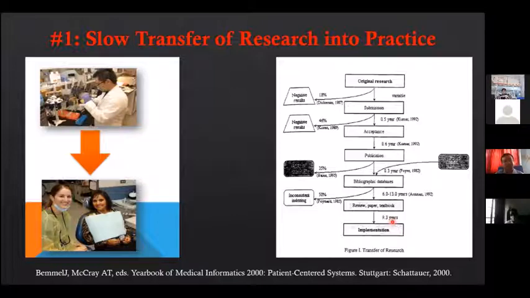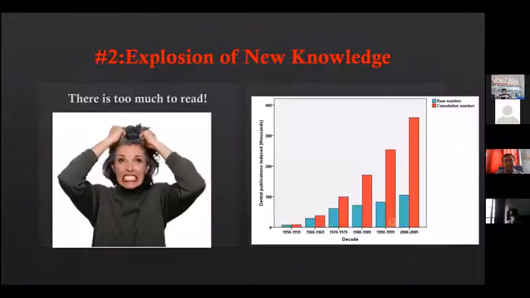This figure might look exaggerated, but the fact of the matter is that there is a vast gap between the research literature and the practice which we are doing in our clinics. The second thing is the explosion of new knowledge.